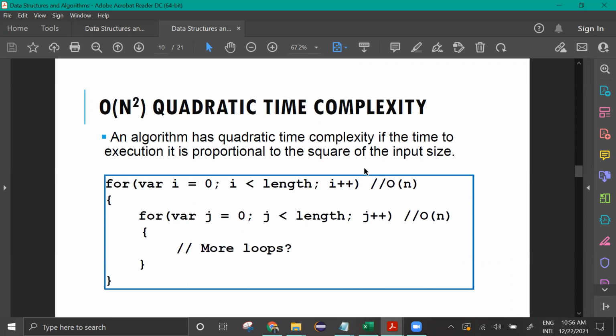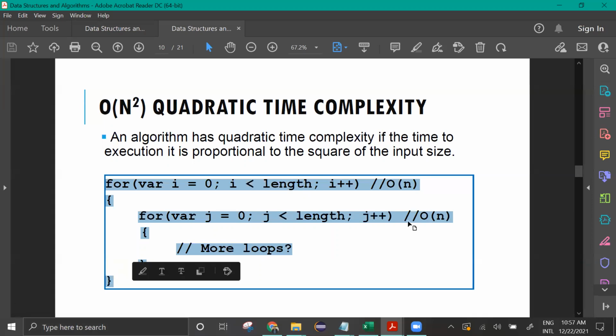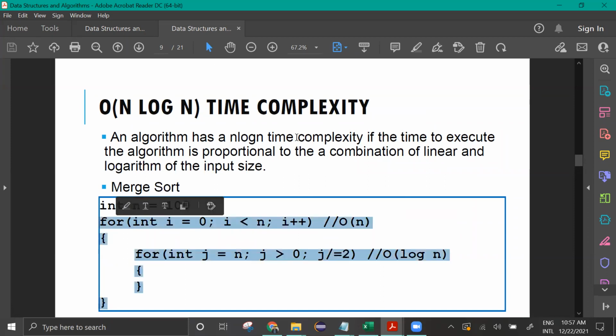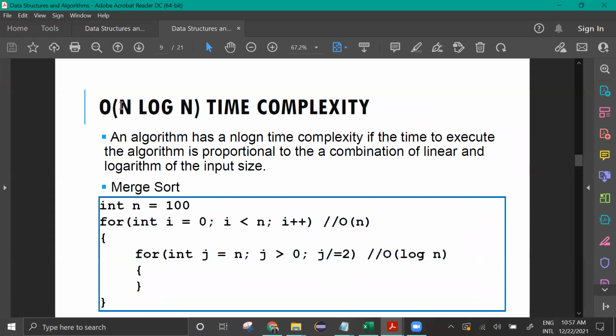In the quadratic case, it is n squared. This loop goes n times, and then the inner loop goes again n times. So this is n, this is n, that's why it is n squared. But in this case, this is n log n. So that is how n log n occurs.